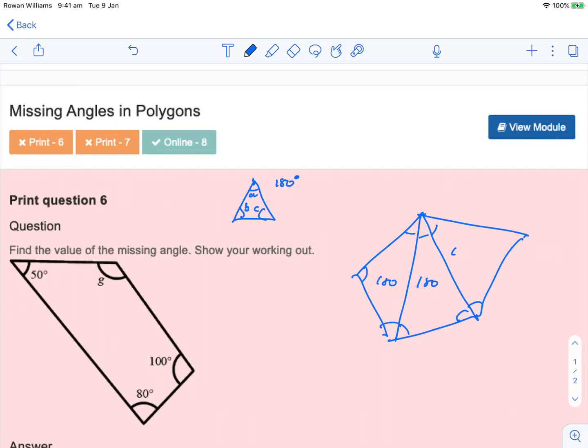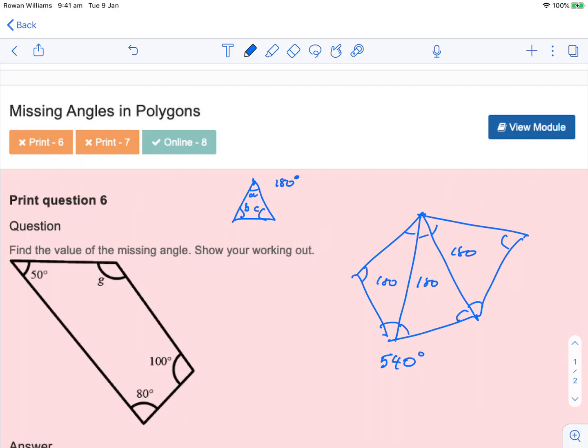Here it'll add to 180. So we're going to have three triangles, so I can work out what my angles add up to, which is 180 plus 180 plus 180, which is 540. Right, so any five-sided shape has 540, and it just keeps adding on like that.